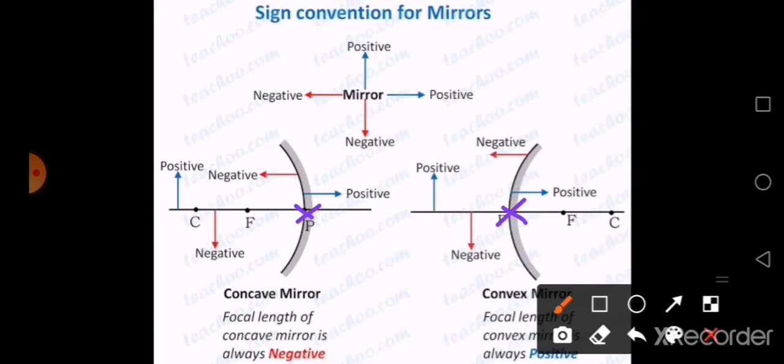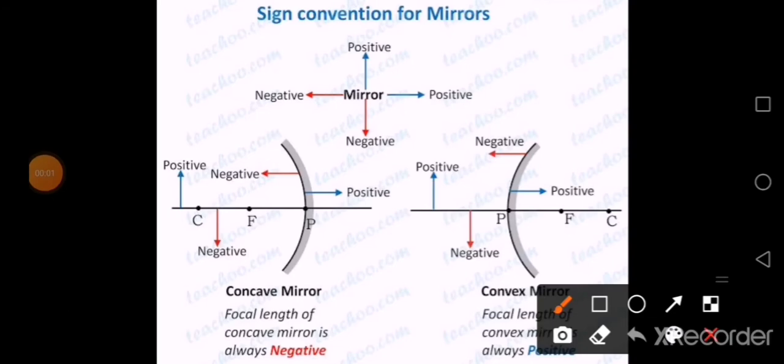You will be considering the pole as the origin, and all the distances are measured from the pole, and the rays are always made incident from the left side, whether it be a concave mirror or a convex mirror.